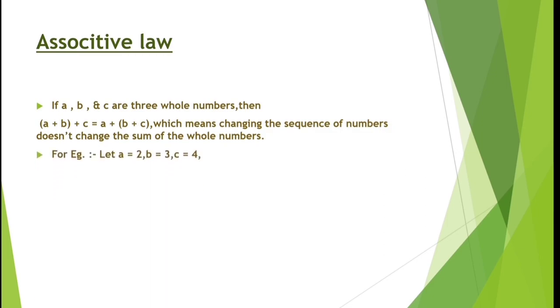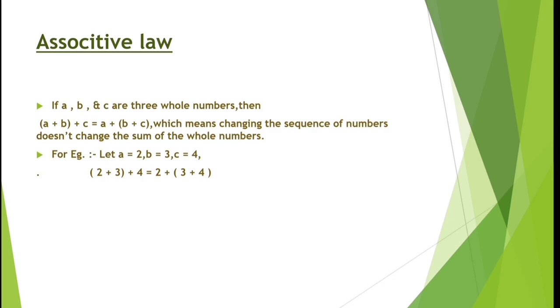Let A be 2, B be 3 and C be 4, where 2, 3, 4 are all whole numbers. Then (2 plus 3) plus 4 is equal to 2 plus (3 plus 4). So when you add 2 plus 3, it gives you 5, and then you will add 5 to 4.